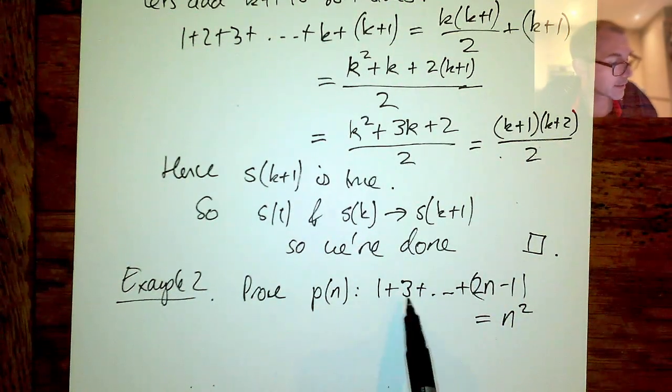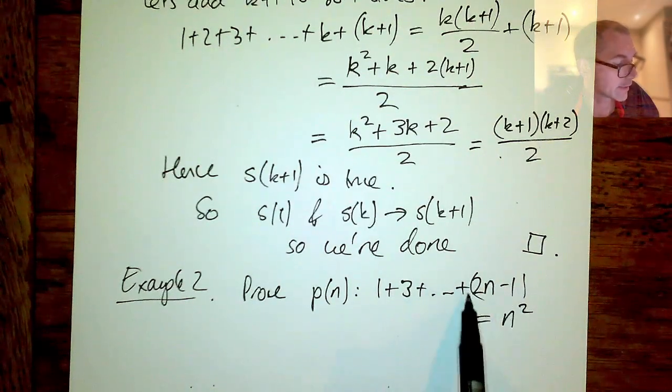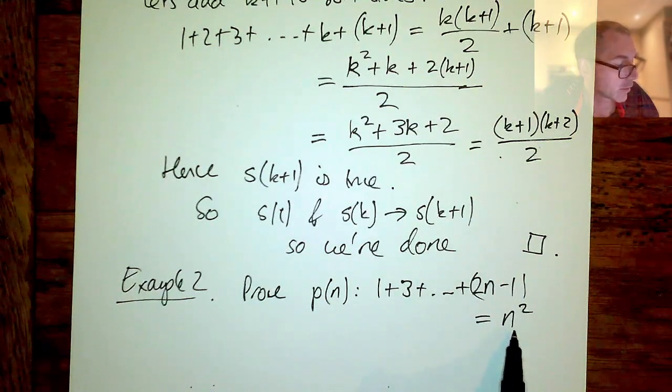So I add up all the odd natural numbers until I get to this one, and I want that to be n squared.